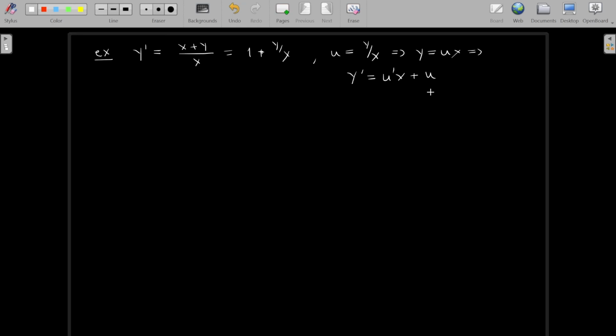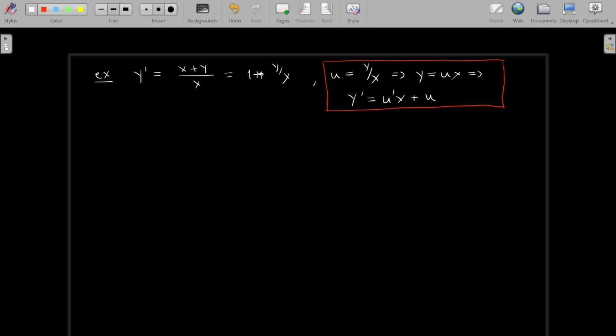Okay, this is the change of variable we're going to use when stumbling across such kinds of differential equations. So this is y prime, so we write it with respect to u: u prime x plus u is equal to 1 plus u.